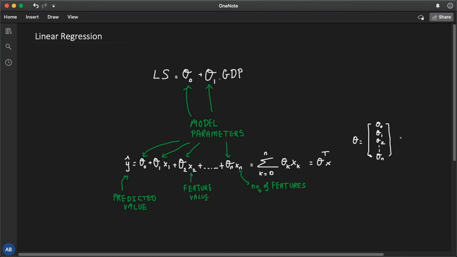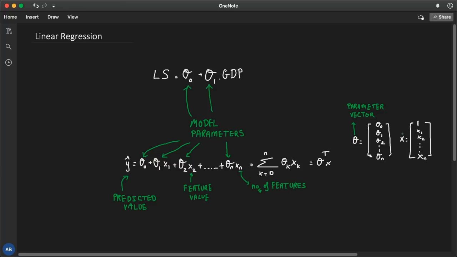And so does x. Notice that the first entry of x is 1 because theta 0 is multiplied by a 1. In other words, x0 is always 1. We will be referring to the vector theta as the parameter vector because it contains all the model parameters, including the bias term theta 0.